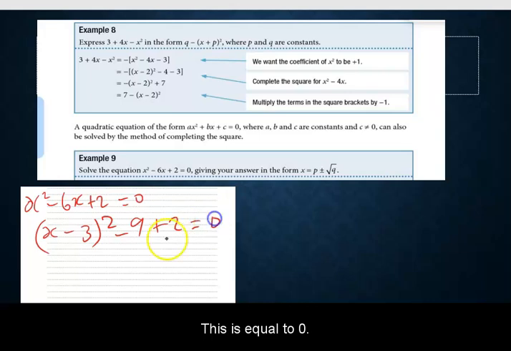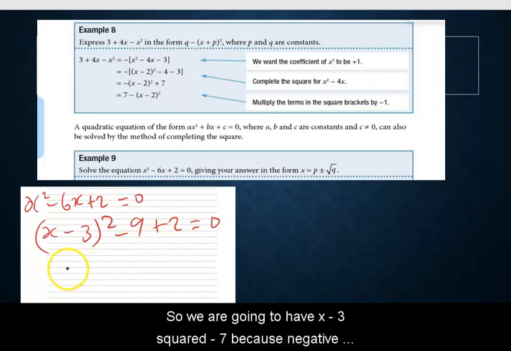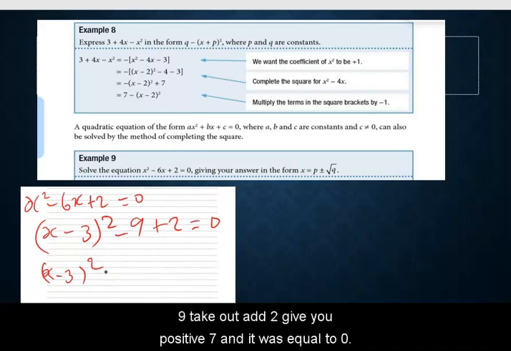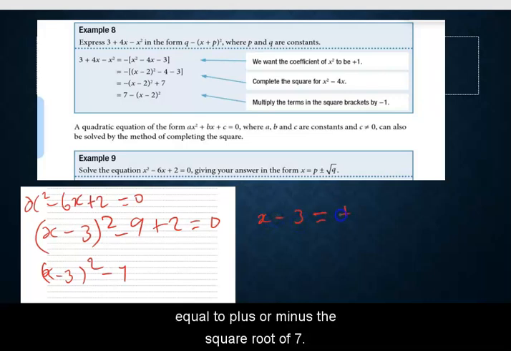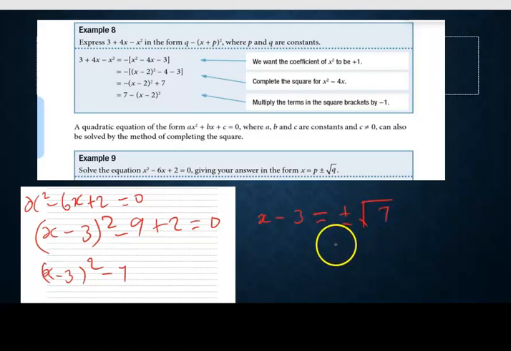This is equal to 0. So we are going to have x minus 3 squared minus 7. Because negative 9, take out, add 2, give you positive 7. And it was equal to 0, so we have to solve. This means that x minus 3 will be equal to plus or minus the square root of 7.